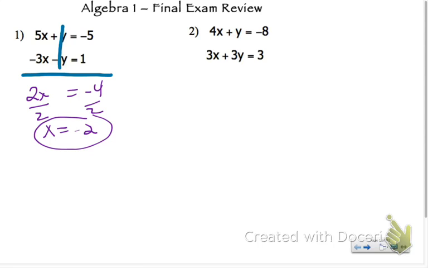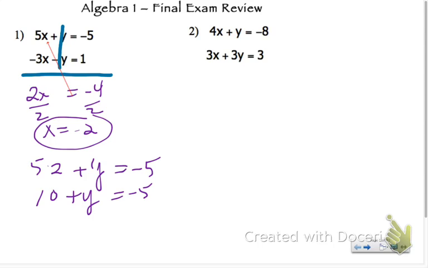So what I then do is plug the x in someplace. I'll plug it in right here, and that gives me 5 times 2 plus y equals negative 5. So that gives me 10 plus y equals negative 5.